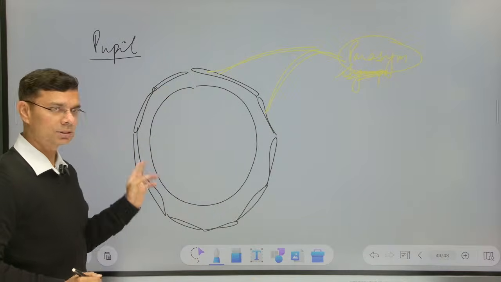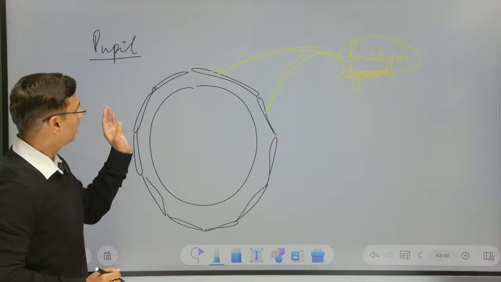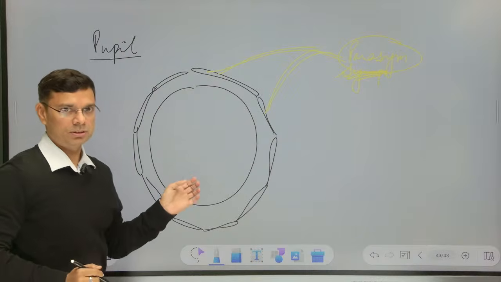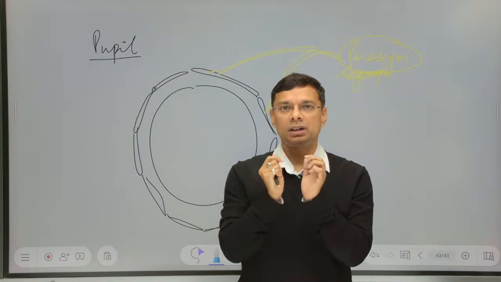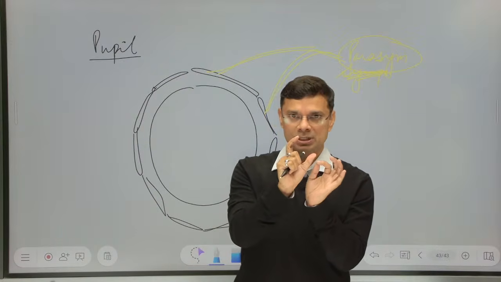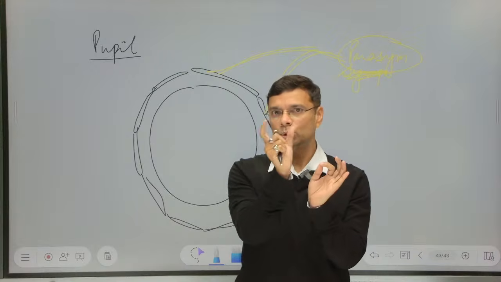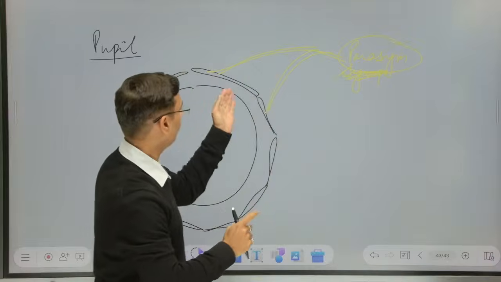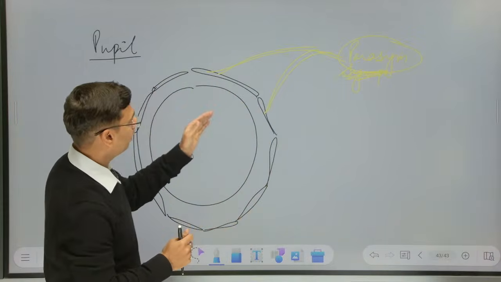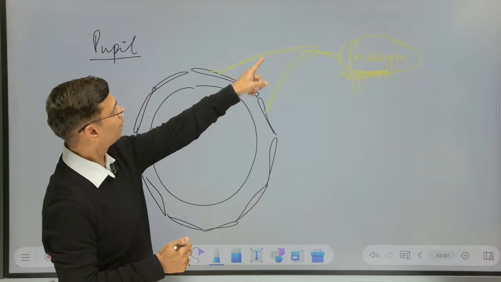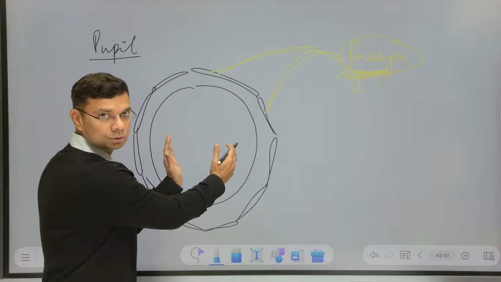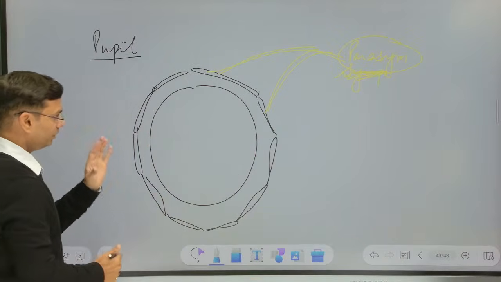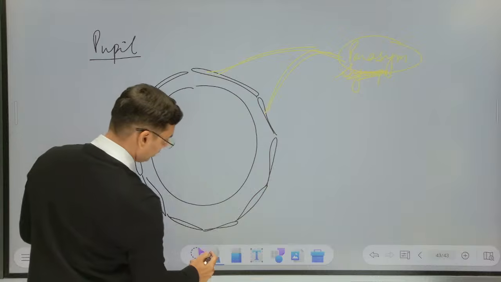These are the smooth muscle cells. What is their structure? Structure means the relationship between them. You can see here the relationship is a spatial relationship, morphology: end-to-end connections. They are connected end-to-end. So in this case, what will happen if input comes? When input comes, the size of the pupil will reduce.